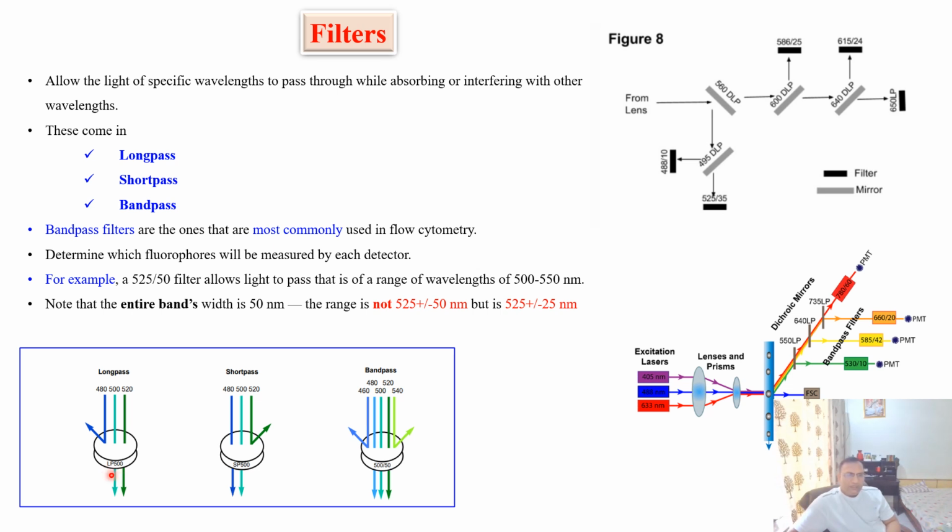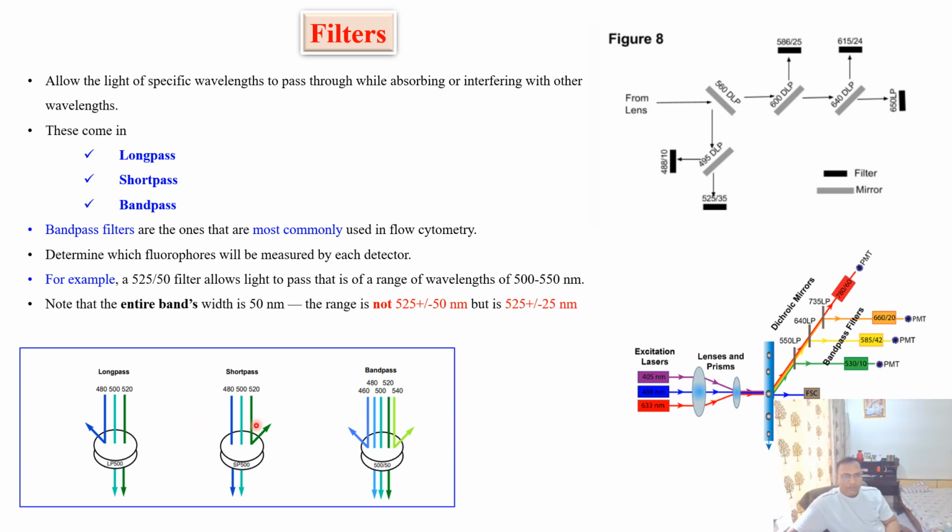It means it is a long pass filter, and the indicated wavelength is 500 nanometer. This filter will pass 500 or more than 500 nanometer wavelength, and reflect light less than 500 nanometer.